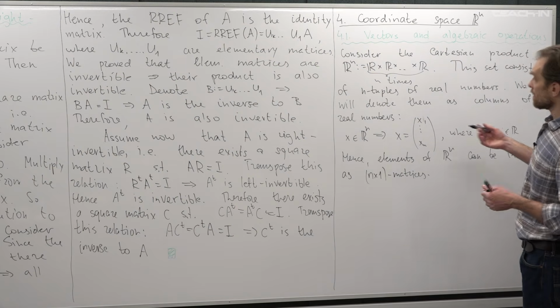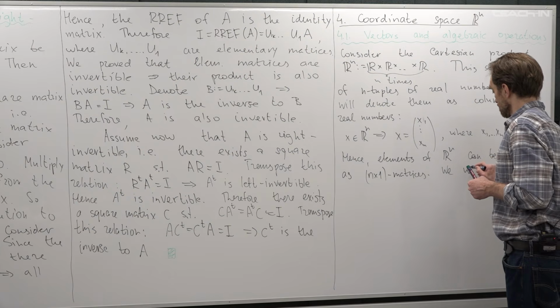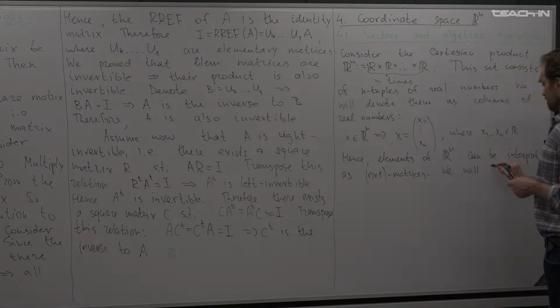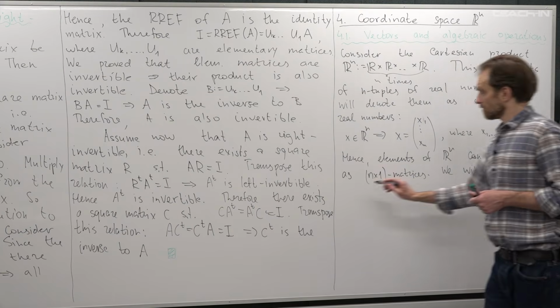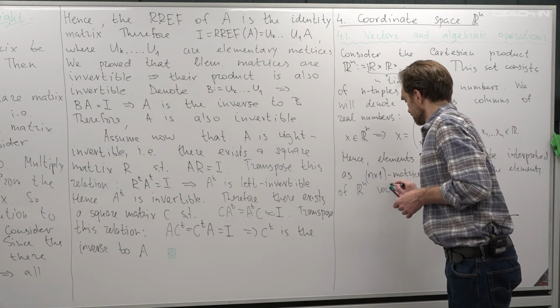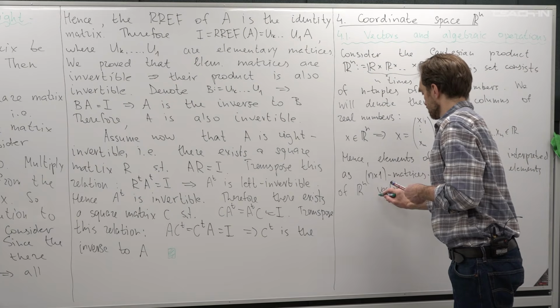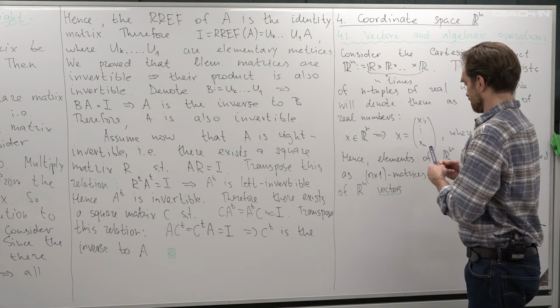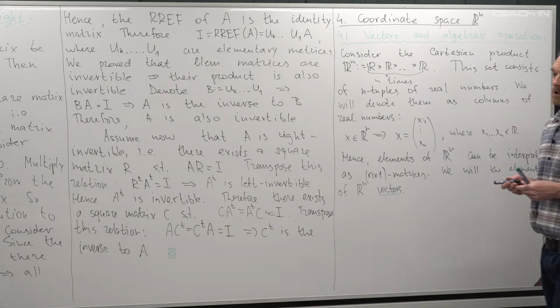Besides, we will call these n tuples vectors. So we will call the elements of Rn vectors. So why is it natural to call them vectors?